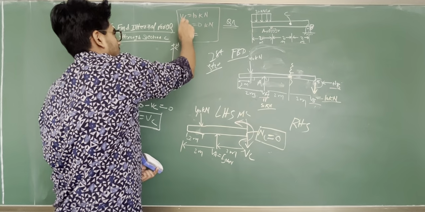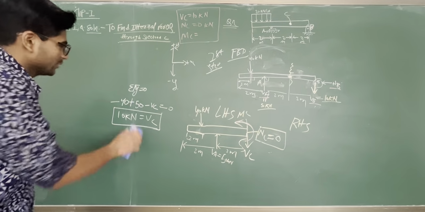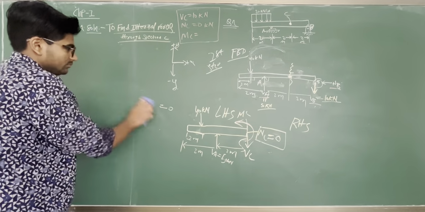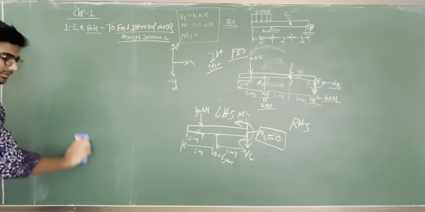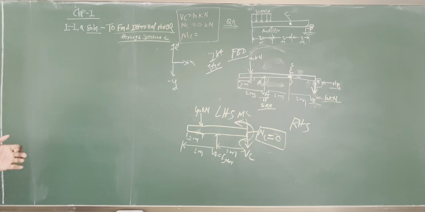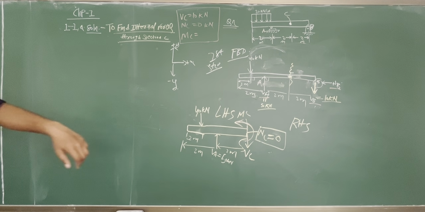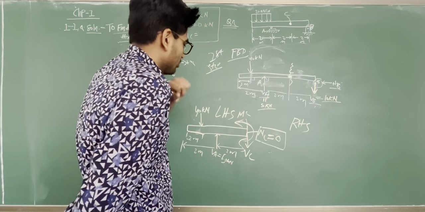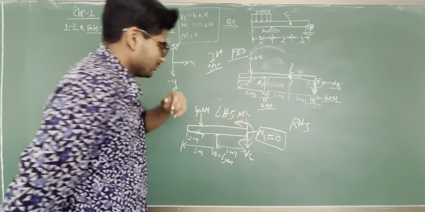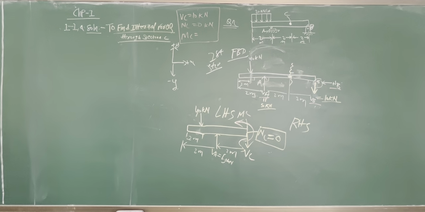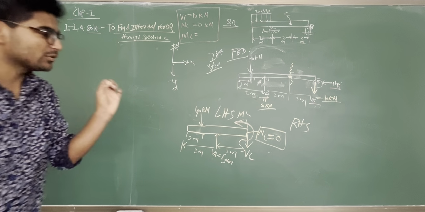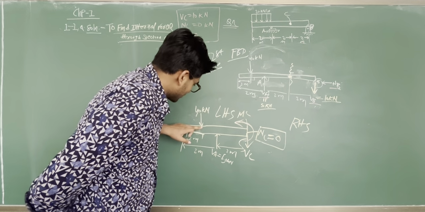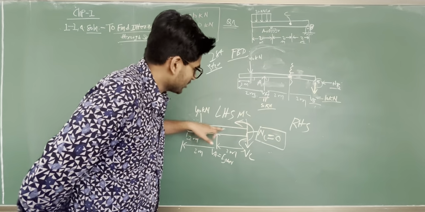MC equals to. Okay, we're going to erase this one. Since now we have to find the moment MC over here, what we can do is take a moment. At which position would you like to take the moment? Here, here, or here?